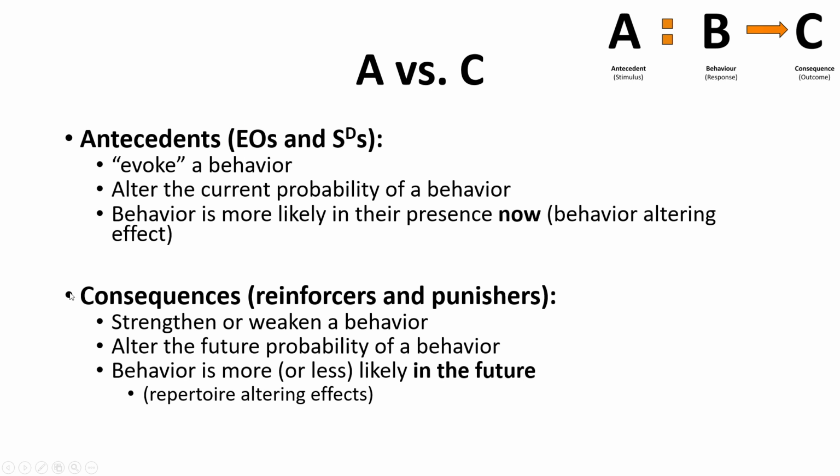In contrast, consequences, our reinforcers and punishers, are altering the probability of a behavior in the future. So we always talk about our consequences or outcomes, our reinforcers and punishers, as causing a behavior to become more or less likely in the future. So these are overall altering our repertoire, altering our sort of handbook of behaviors that we have available to us.